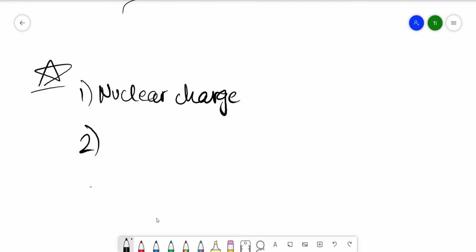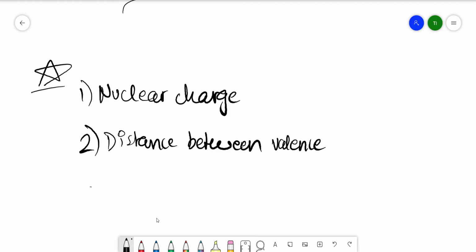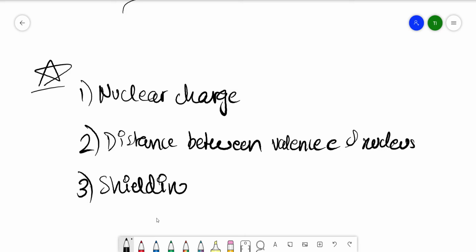Secondly, you have to give reference to the distance between the outer shell electron, which is better known as the valence electron, and the nucleus. And the third thing that you have to give reference to is shielding effect.